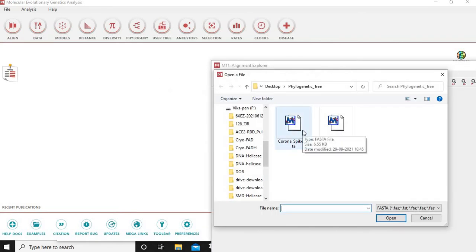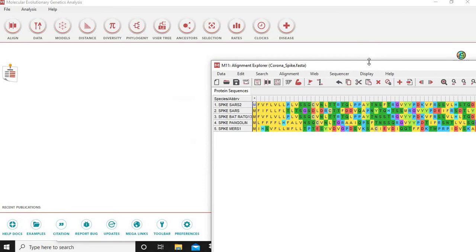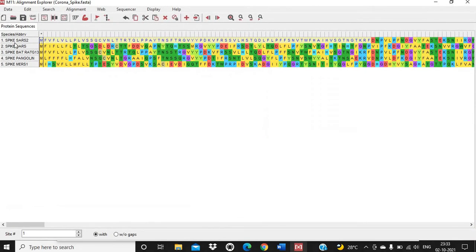I have collected 4 sequences of spike protein of different coronaviruses. So let me open this file. You see, I have edited the names, and basically these are 5 sequences, not 4, 5 sequences.